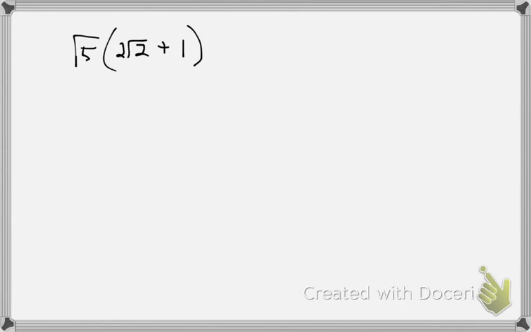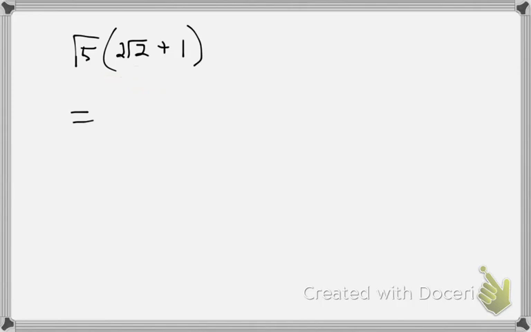Sort of. It's the opposite. Distributing. Yeah, unfactoring, if you will. It's like distributing this through. And that's indeed exactly what we're going to do. We're going to multiply that square root of 5 times the 2 root 2. And then we're going to multiply the square root of 5 times the 1.